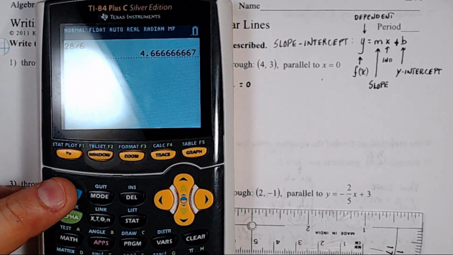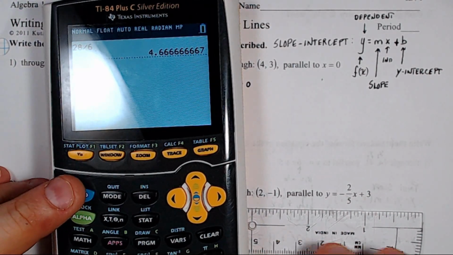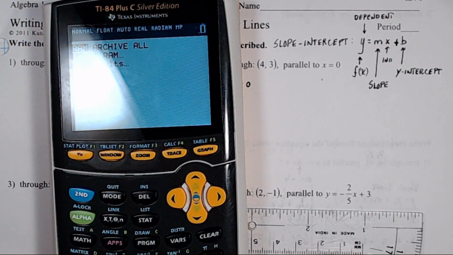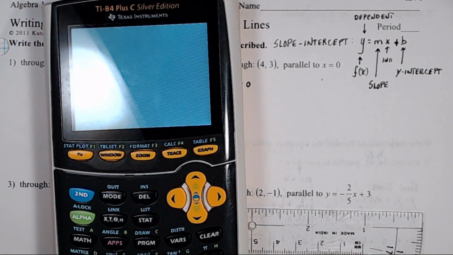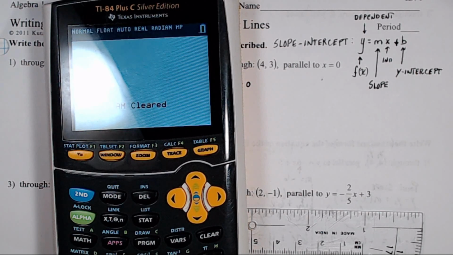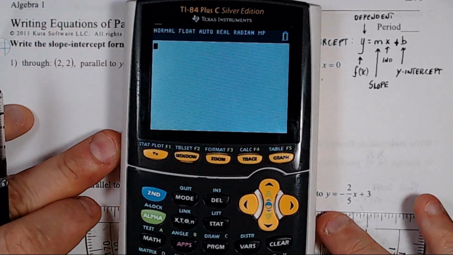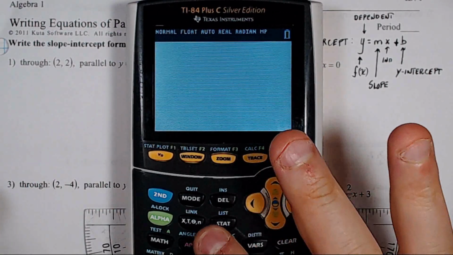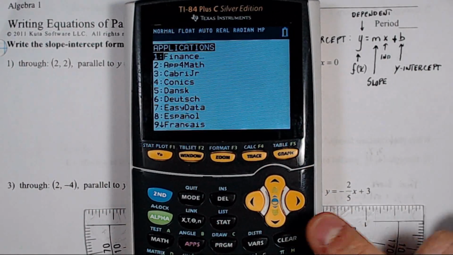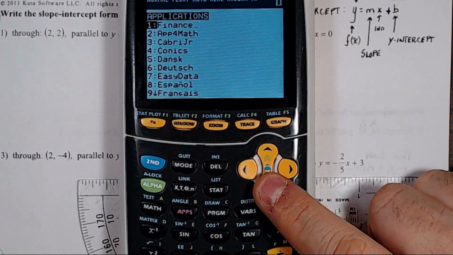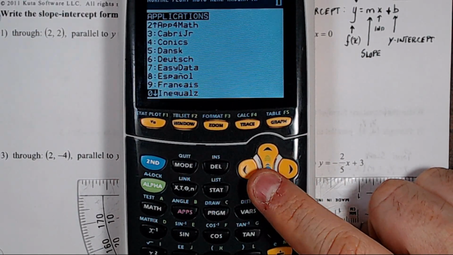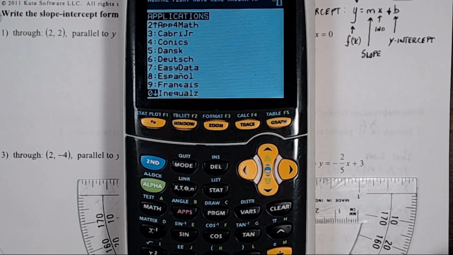Turn on the calculator and clear the memory. Hit second plus, 7, 1, 2. Then hit the apps button, the pink one, and go down to inequalz and hit enter.